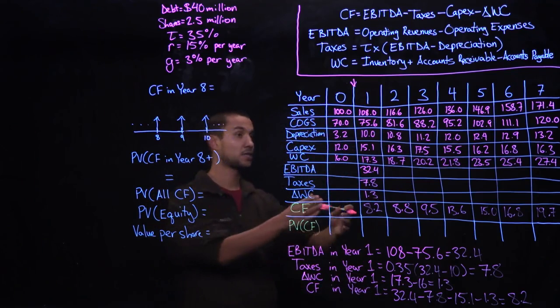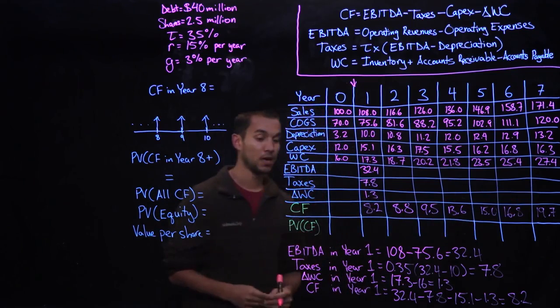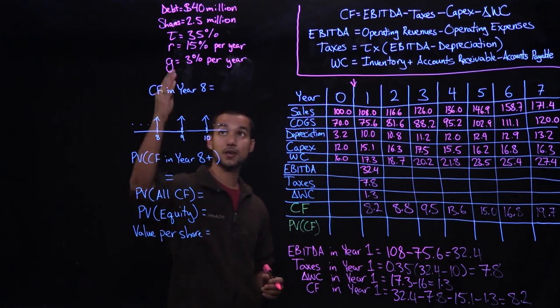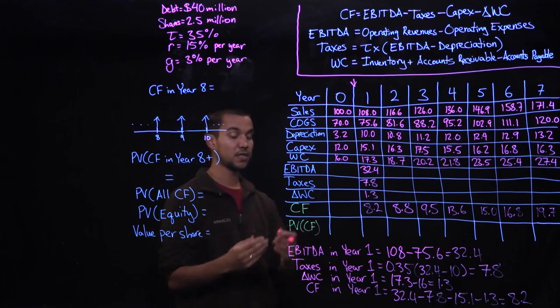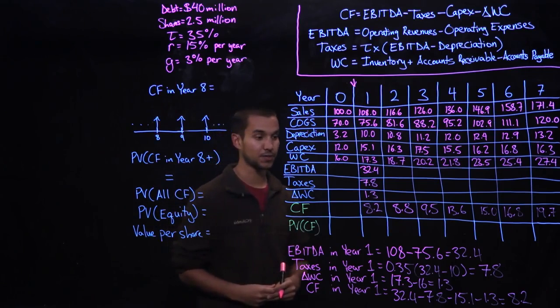So once we have our cash flows for years 1 through 7, now we can discount them at the cost of capital, which is 15% per year, to calculate the present value of our cash flows.